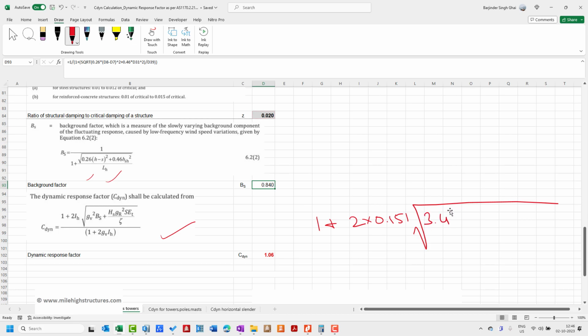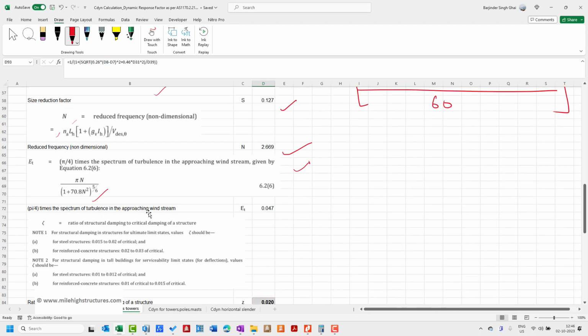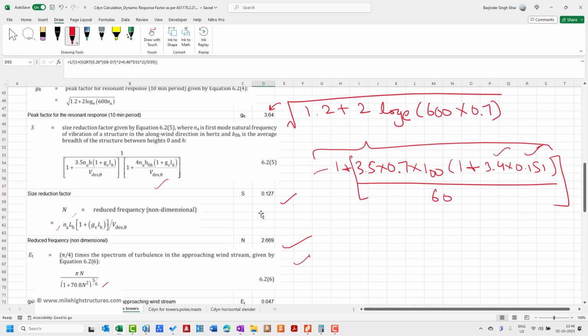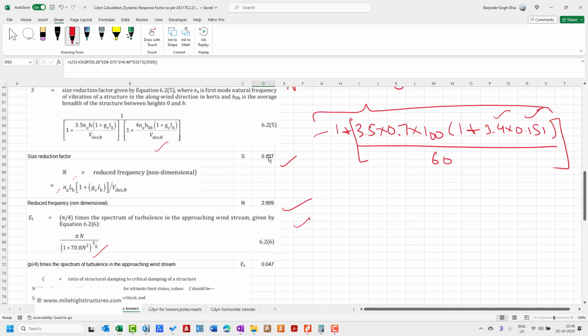So 3.4 square into 0.84, plus we can put the value of HS also. We have calculated HS, GR, SN, ET. HS is this particular value, GR is this particular value, and SN and ET are these particular values.